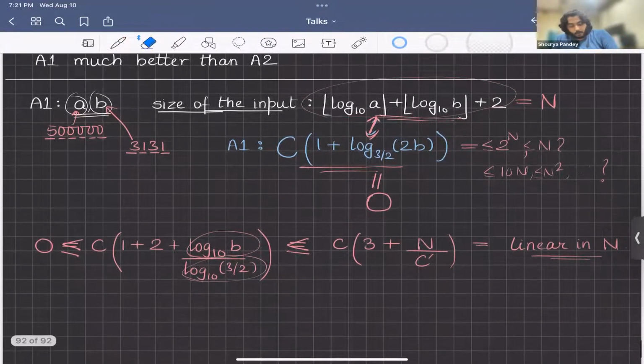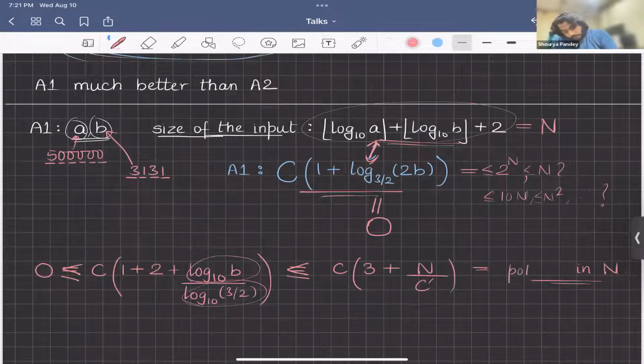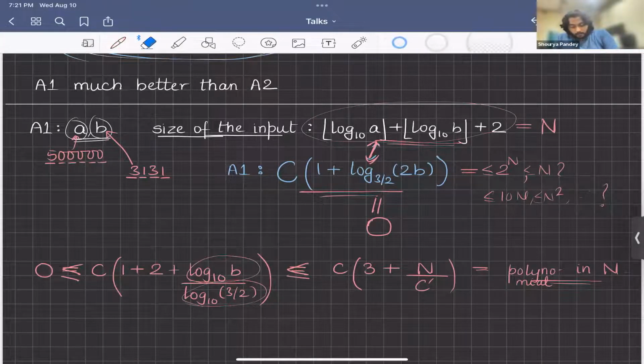More specifically, I care about polynomial in n. So I have this algorithm, let me call this polynomial f of n, or rather capital P of n.